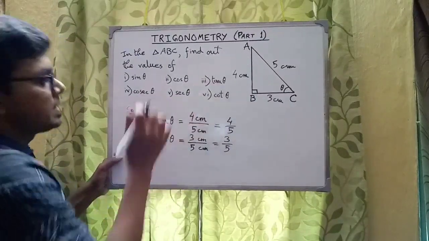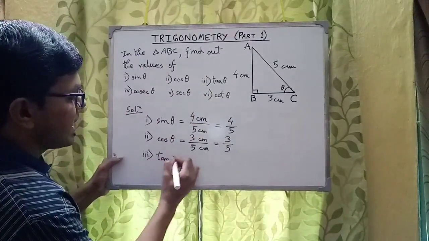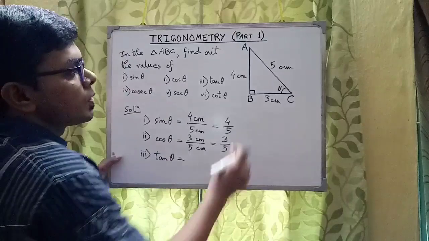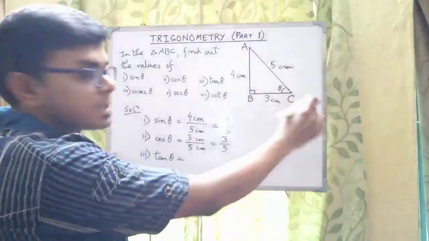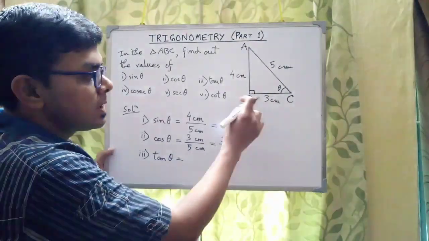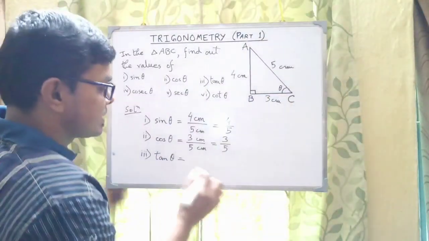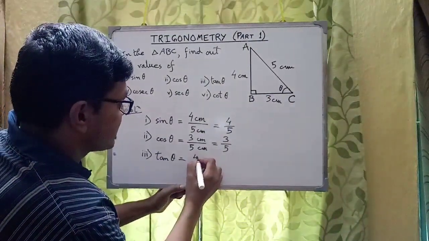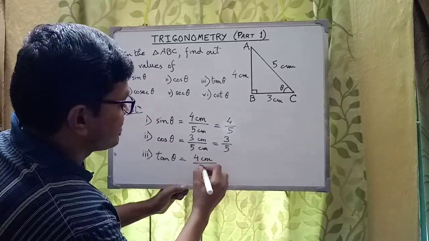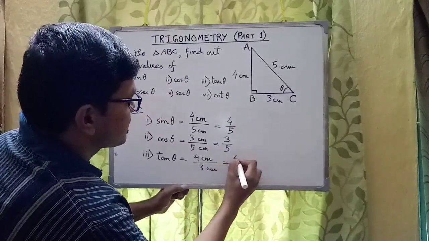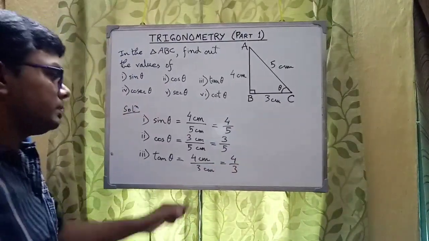Part 3, tan theta. Now tan theta equals opposite by adjacent. So opposite to theta is 4 centimeter and adjacent to theta is 3 centimeter. So 4 centimeter by 3 centimeter, which gives 4 by 3.